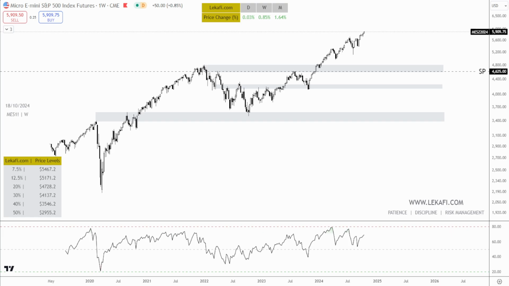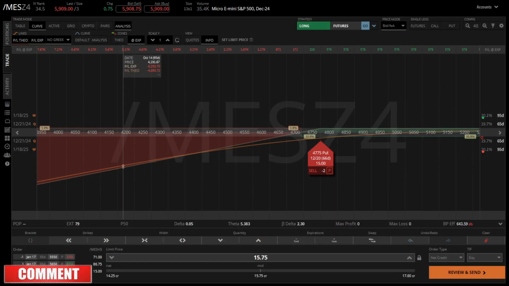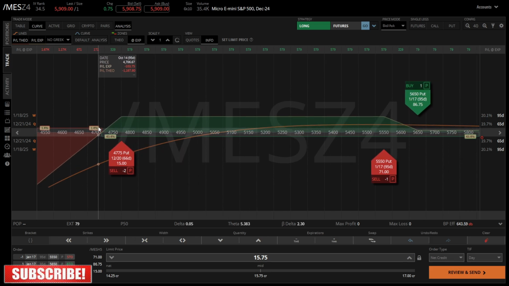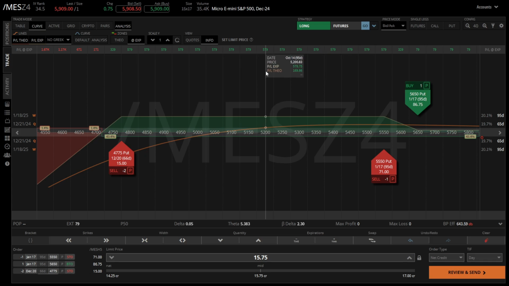Okay, very, very powerful strategy, especially for those of you that have never traded options before. If you master this strategy, especially using the MES, the micro E-minis, for a small account, with proper risk and trade management, it can be the best strategy ever.